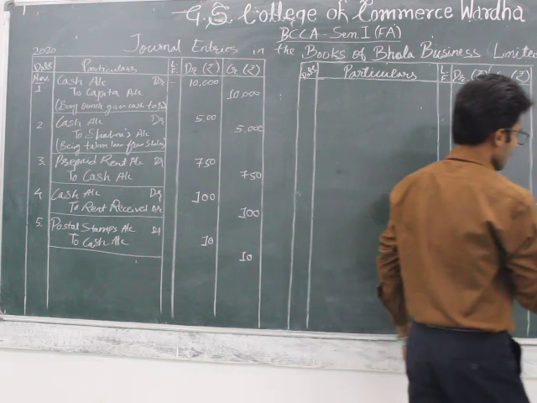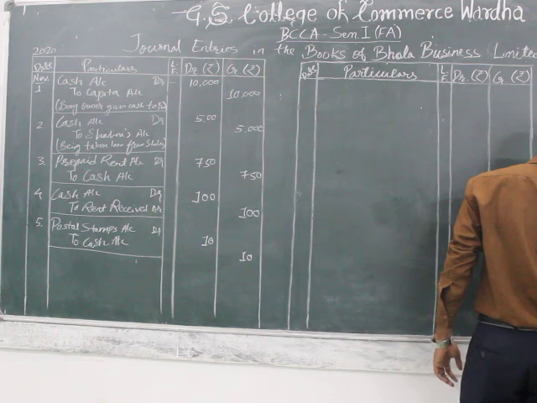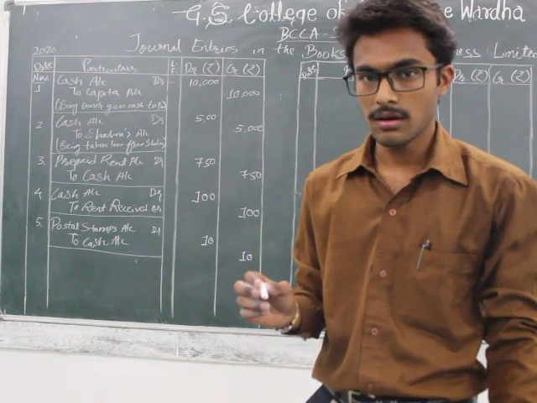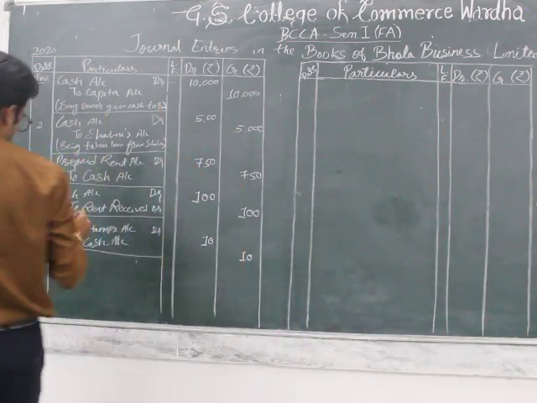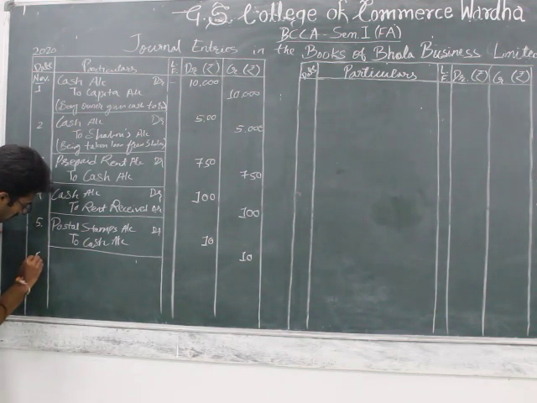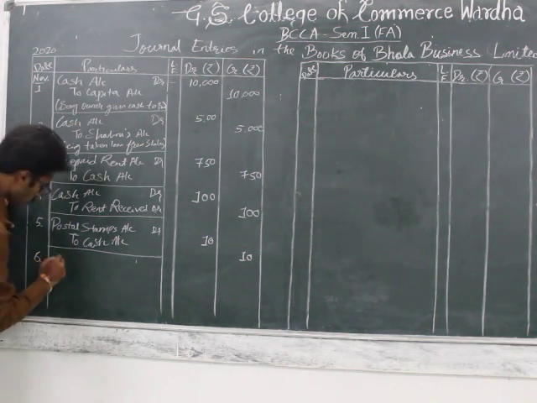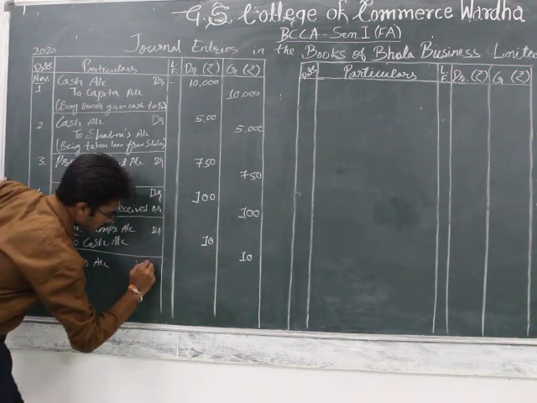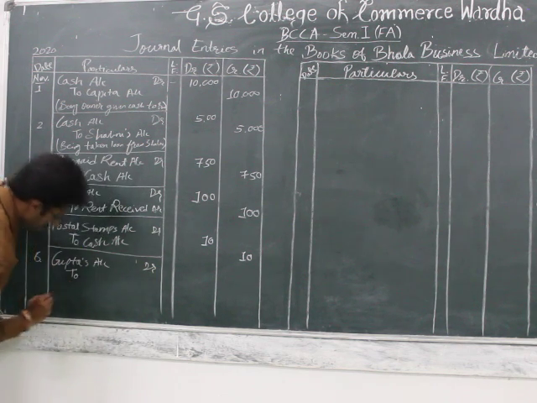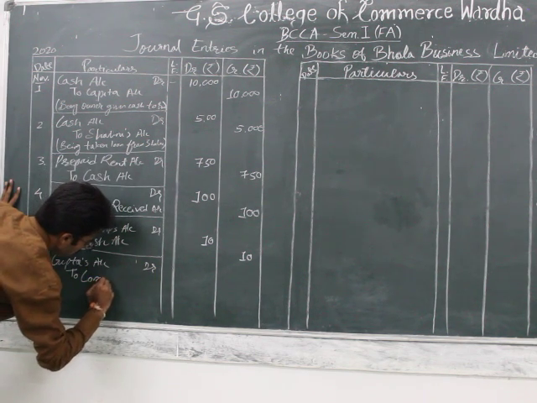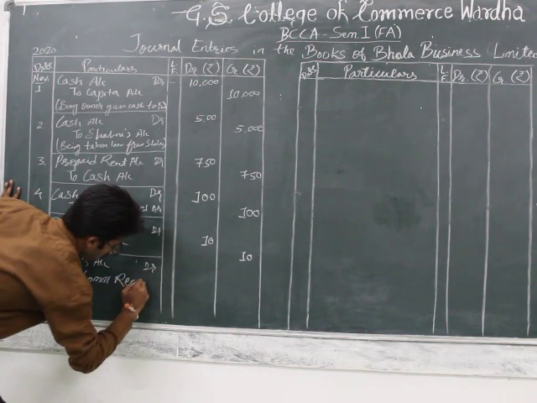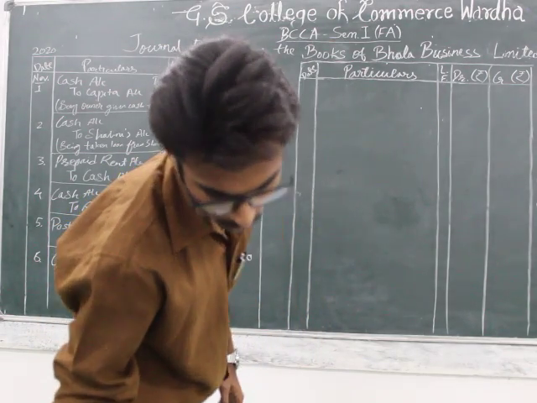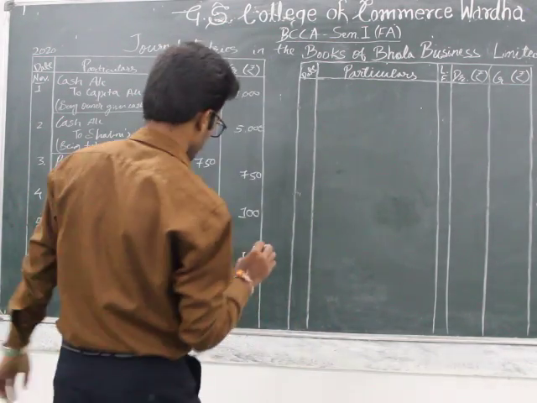But the catch here is that these are not cash basis entries. We have to accrue this transaction by passing a journal entry: Gupta's account debit to commission received account, and the amount will be rupees 40.